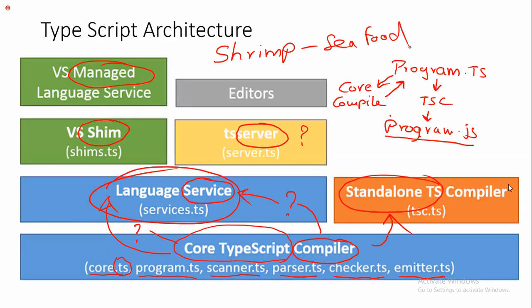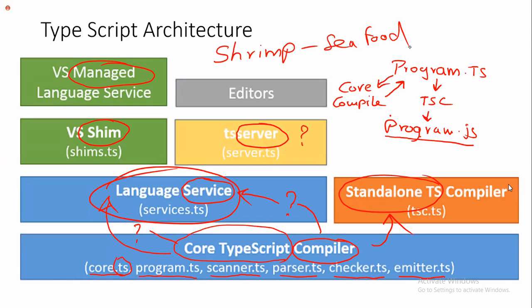It is responsible for translating your TypeScript code into code which is understandable to every operating system service. That means it makes your TypeScript program operating system neutral, platform independent.